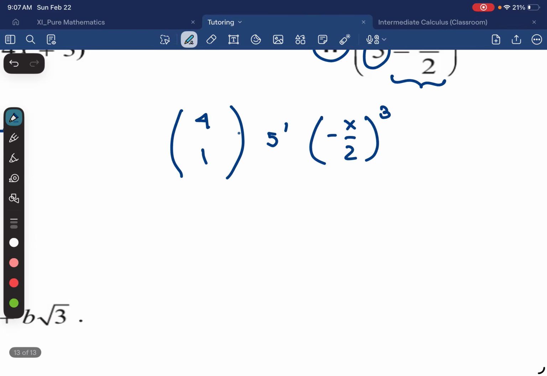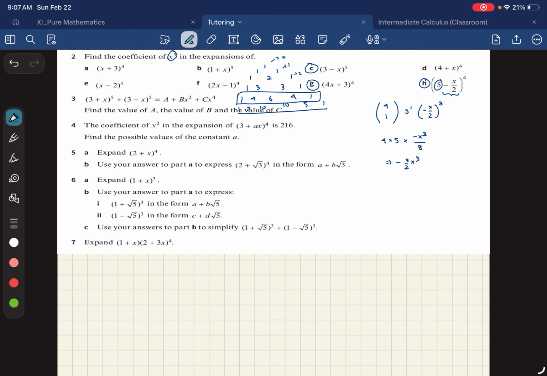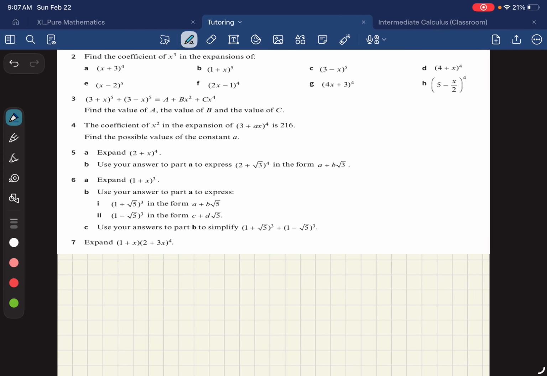So 4C1 or 4 select 1 is just 4 times 5 times, and it's the same thing, divided by 8, negative 3, and you get negative 5 by 2 x cubed, which is, the coefficient is just negative 5 by 2. So that is another way to look at this question. And I believe you are capable of doing all the other questions as practice.